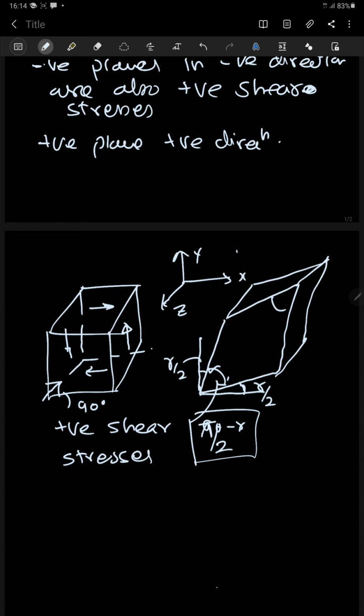However, the other angles increase. You can see here the opposite angles are increasing to pi by 2 plus gamma.